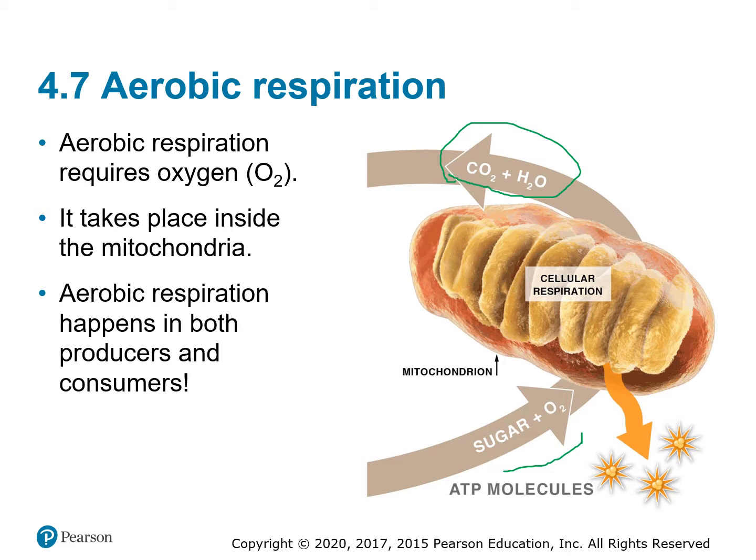So the products of cellular respiration are carbon dioxide and water, but also, oh wait a second, I lied, it's right down here: the other thing made during cellular respiration, which is the whole point of cellular respiration, is ATP. Once again, aerobic respiration occurs in both producers and consumers.